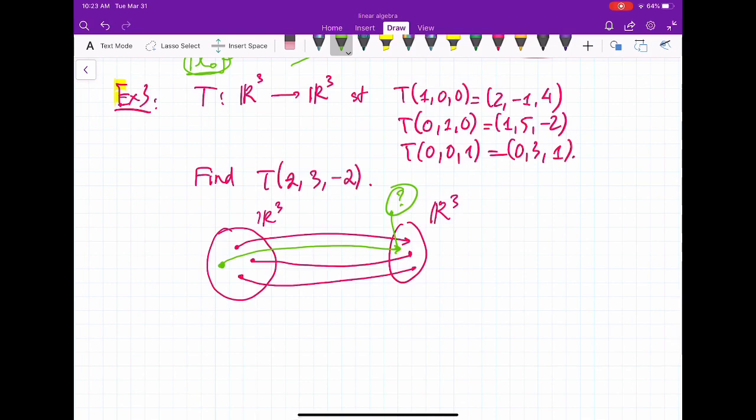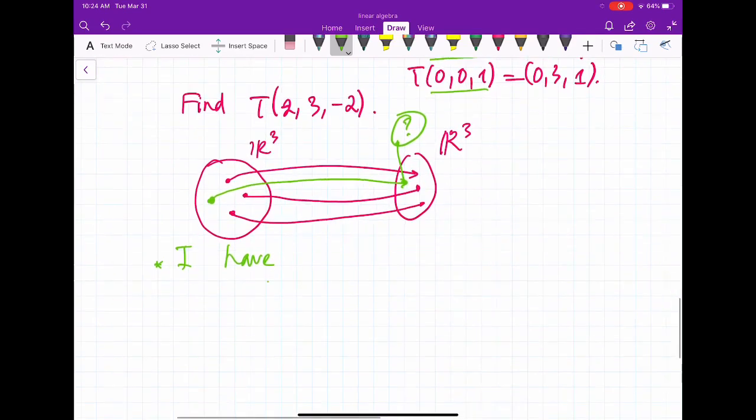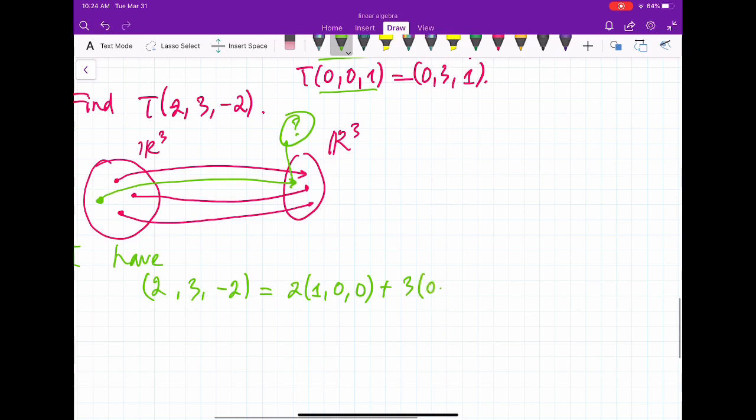For this problem, it's pretty easy because these three vectors are vectors in the standard basis of R3. Make sense? So I have (2, 3, -2) equals 2(1, 0, 0) plus 3(0, 1, 0) minus 2(0, 0, 1).